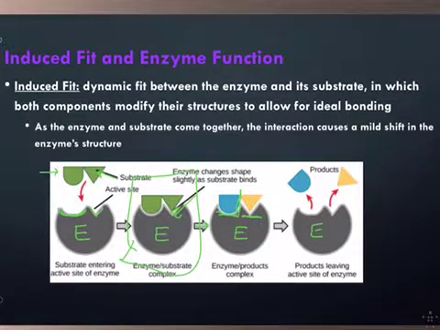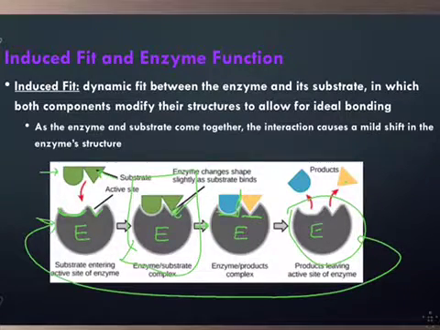Once the reaction is completed, the enzyme releases the products. And now this enzyme can be used again because it looks identical to when it started. Enzymes are reusable. It's not a one and done thing.